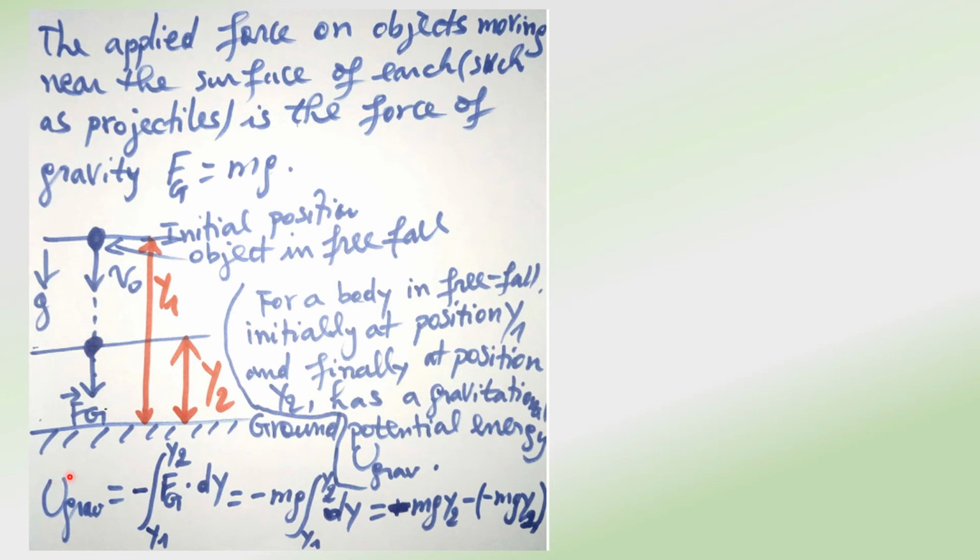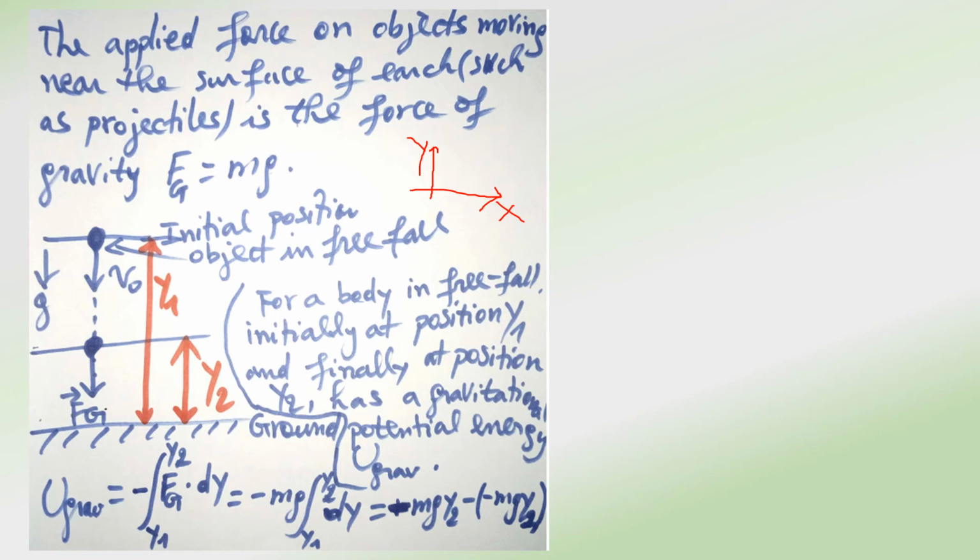As the potential energy is equal to minus the integral of the force times the vector position. Here the body is moving vertically, along the y-axis, because we know that the y-axis is always the vertical axis and the x-axis is the horizontal axis. All bodies moving vertically are moving along the y-axis, as stated in free fall.